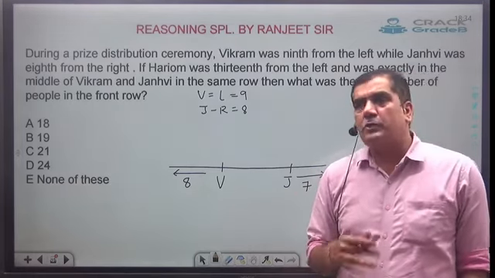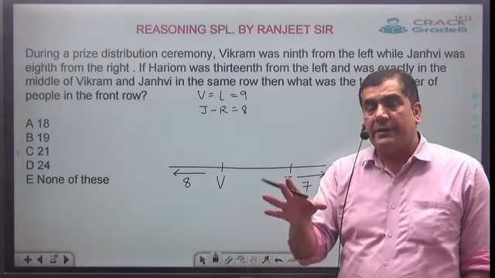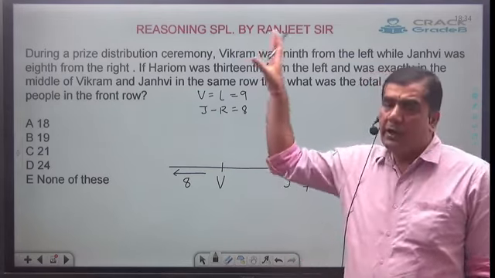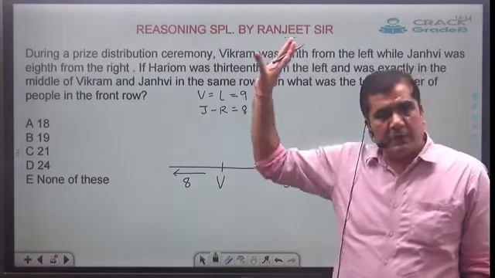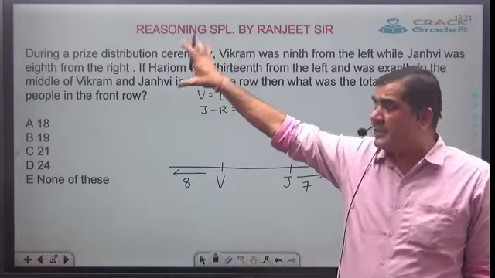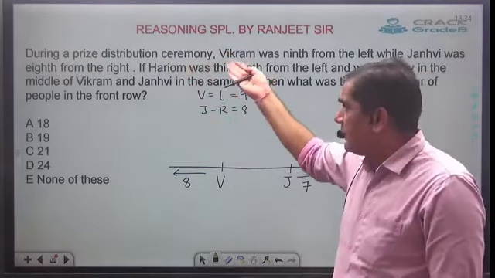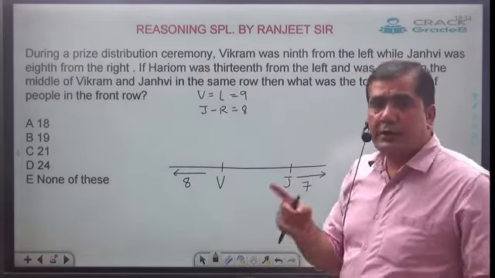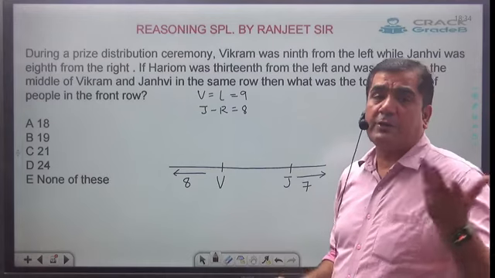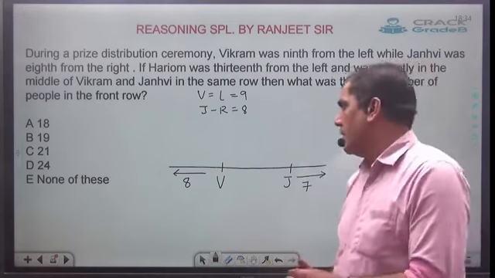If the total is not given and you are not able to calculate whether that is case 1 or case 2, then we should go as per what they have given in the problem. We have to assume that whatever they have given is sufficient data, and on the basis of that only we have to get the answer. So the total is not given, even though they have asked for the total, so case 1, case 2 is no way possible. Okay.